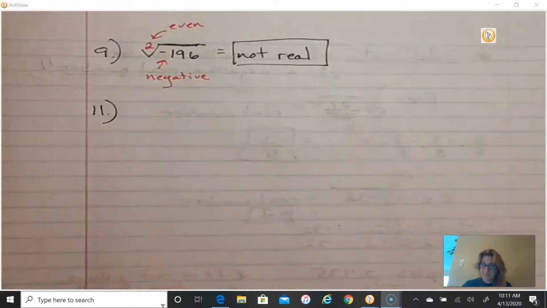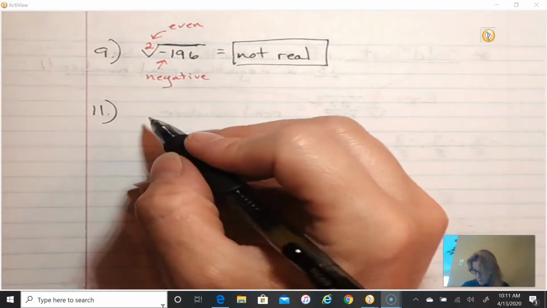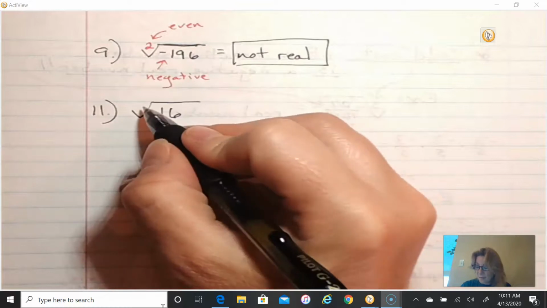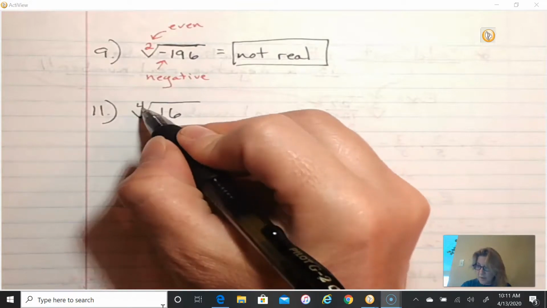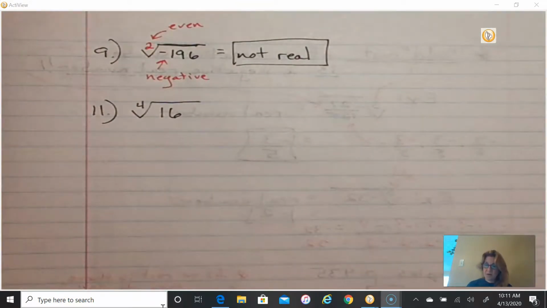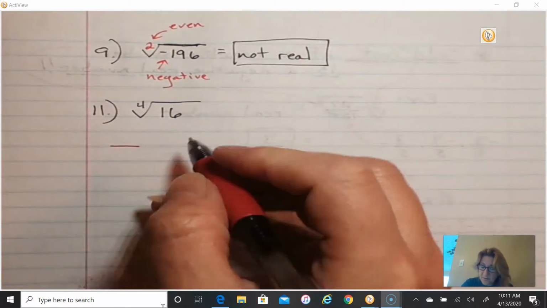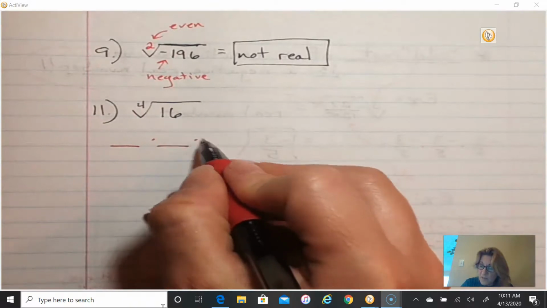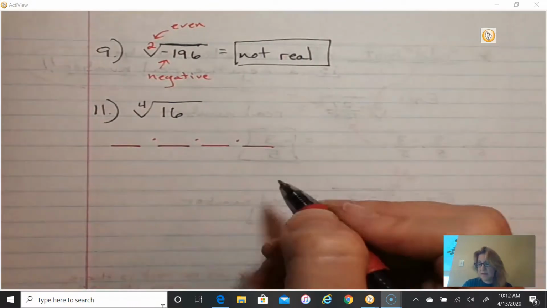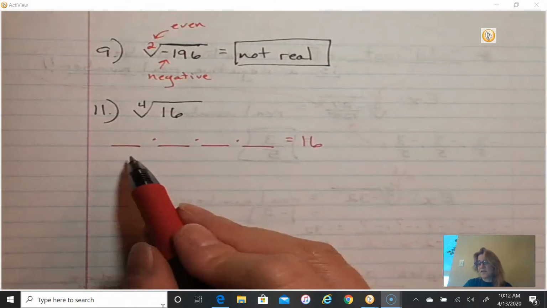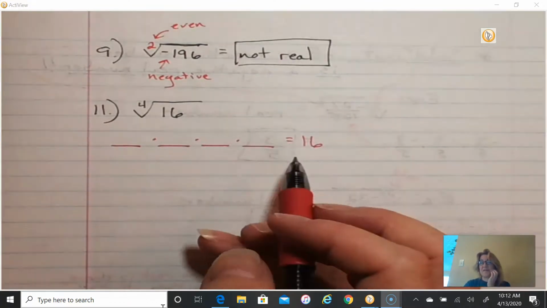All right, 11. 16 is the radicand, and 4 is your root. So, what number times itself 4 times is going to give you 16?